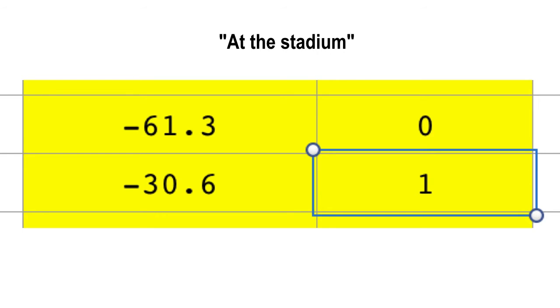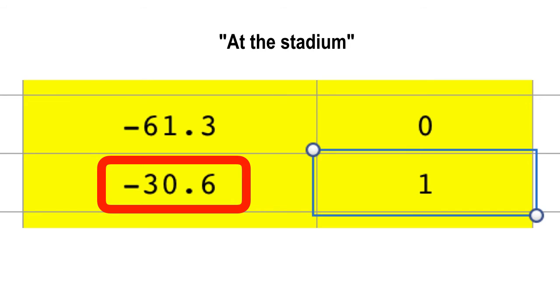And so 30.6 is somebody's answer, negative 30.6. And of course, the correct answer for at the stadium, problem 1, was 30.6 meters. And so this student had a minus sign in there, and that is partial credit, 1 point instead of 2 for that particular student.